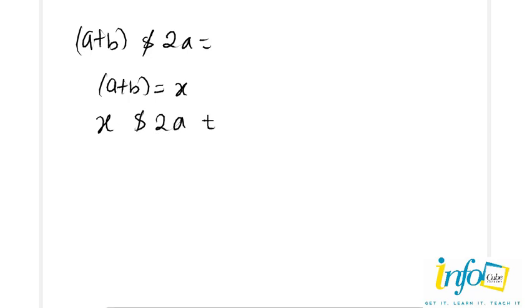If we apply the previous method we have been using, which is write 2 first, which is the LCM of 1 and 2, then you now write the letters out. Then you ask yourself, what is this x? We already said that a plus b is equal to x. So I'll replace this x with a plus b. So this becomes the answer to the LCM of a plus b and 2a.